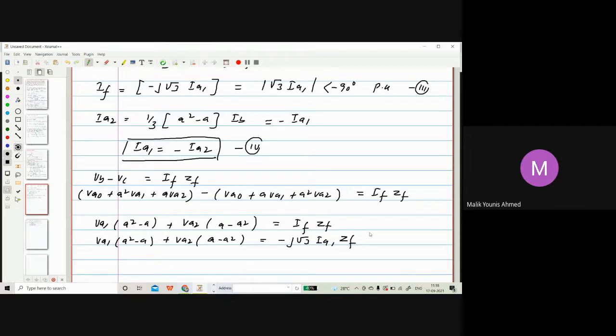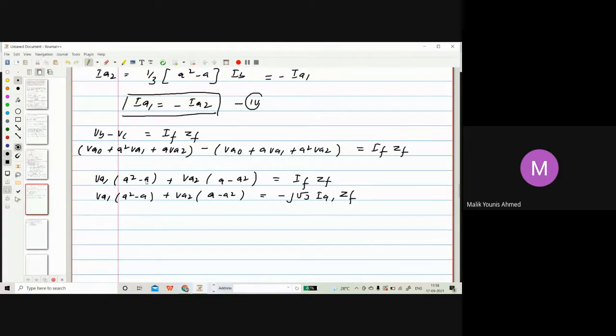So further here, what we'll be doing, this value will come out to be minus J under root 3 VA1, since A square minus A is coming out to minus J under root 3, plus J under root 3 VA2, and that value is minus J under root 3 IA1 ZF.